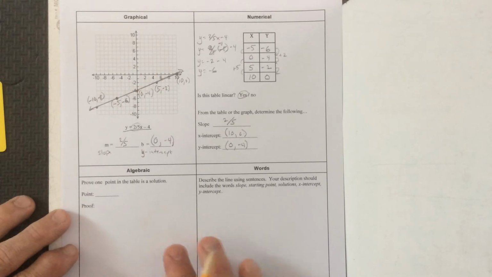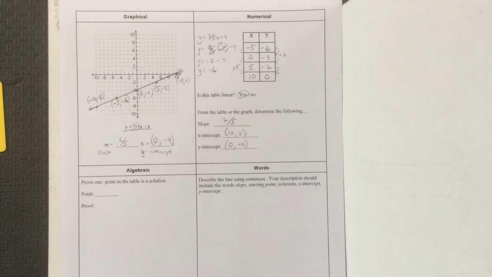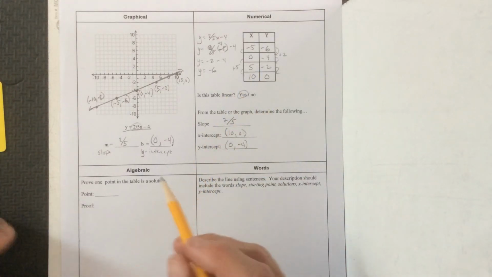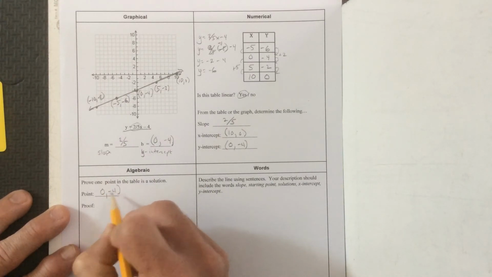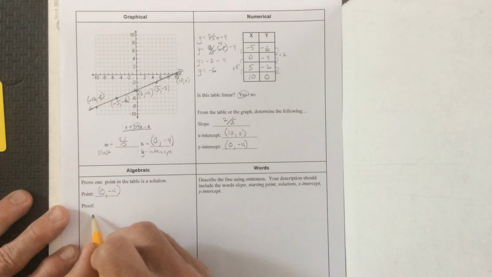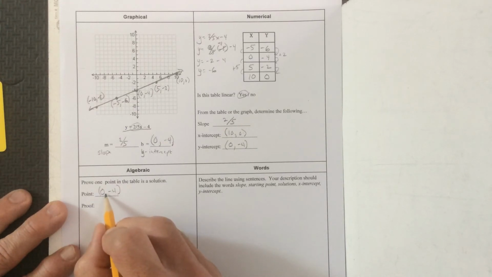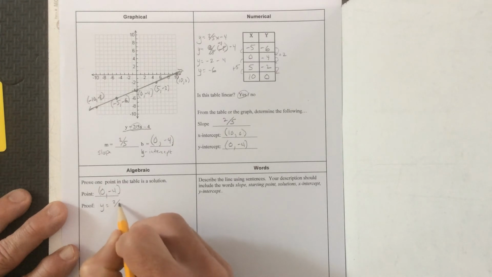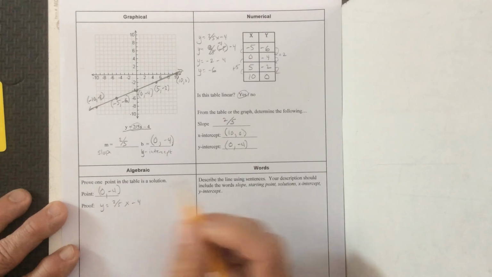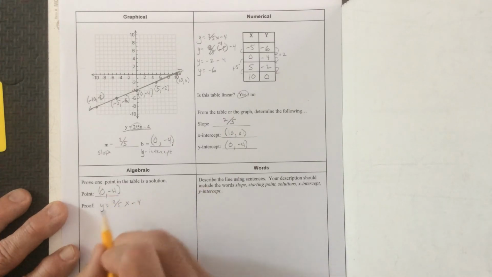In the algebraic section, it says prove one point in the table as a solution. I am going to pick the easiest point, which is always the y-intercept, and I'll show you why. What you do is you take these values and you substitute them into our equation. So our equation is y equals 2/5 x minus 4. We take our negative 4 and we substitute it in for y.